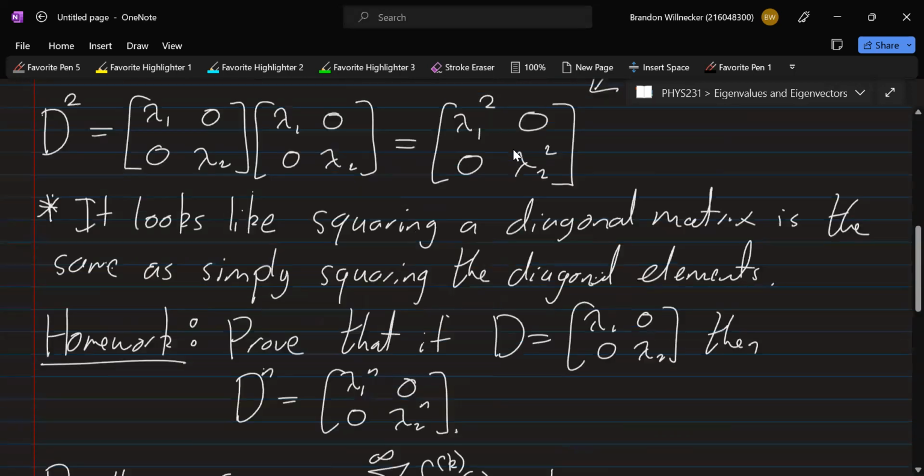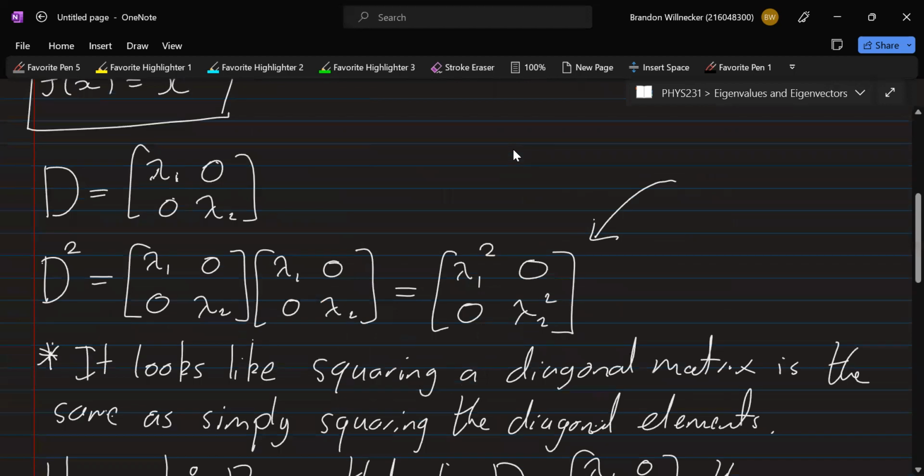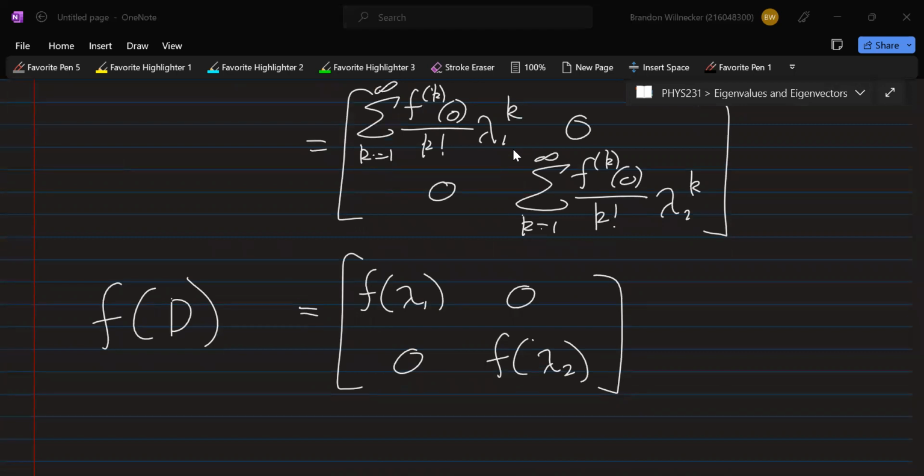This is very similar to what you will prove later, that if you have powers of the matrix, that is the same thing as powers of the elements. So lambda 1 squared, lambda 2 squared, but this is even more general for an arbitrary function with the Taylor series. Taking the function of the matrix is the same thing as taking the function of the diagonal elements.